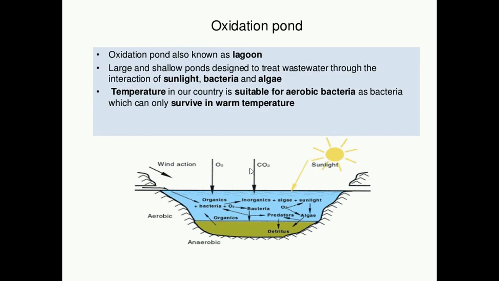Here we are observing the anaerobic and aerobic digestion. Organic matter, bacteria, inorganic matter, algae and sunlight, in the presence of oxygen and carbon dioxide, with wind action, lead to the digestion of the particular organic matters present in the water sample.